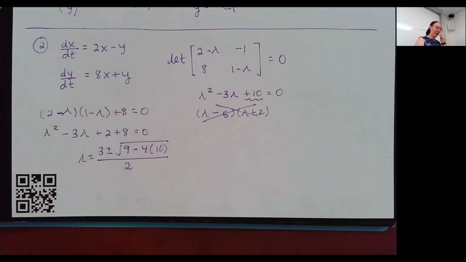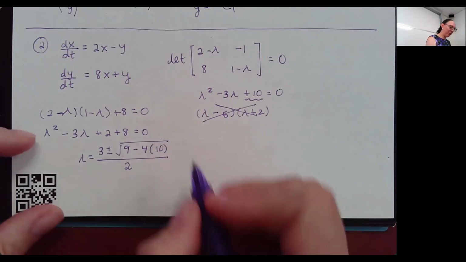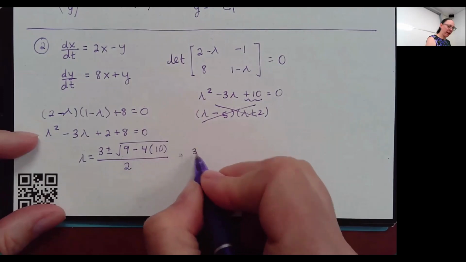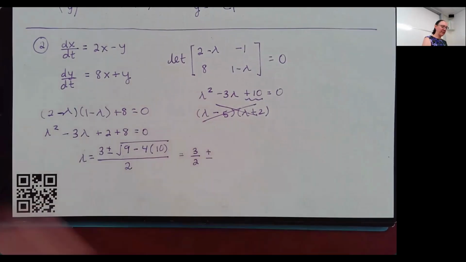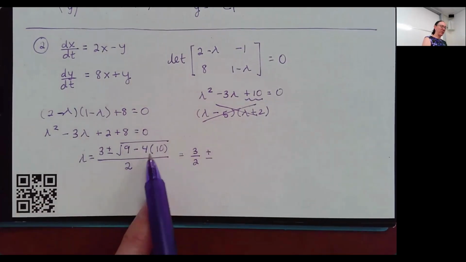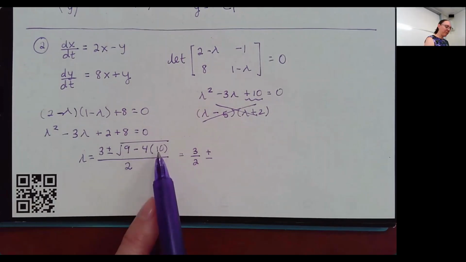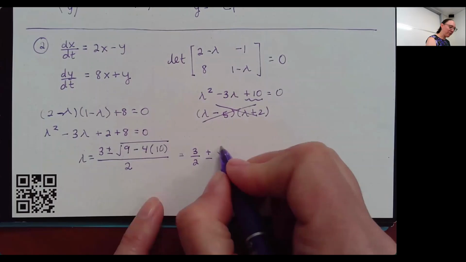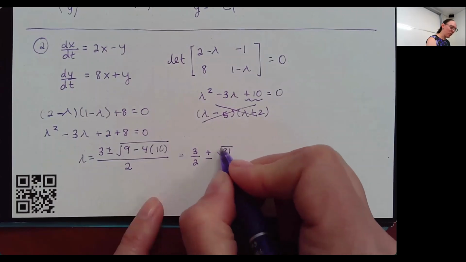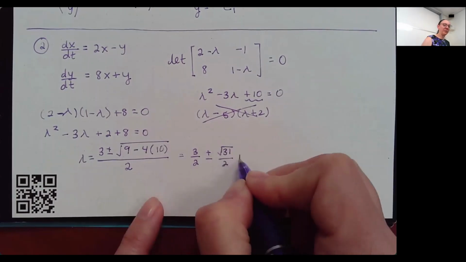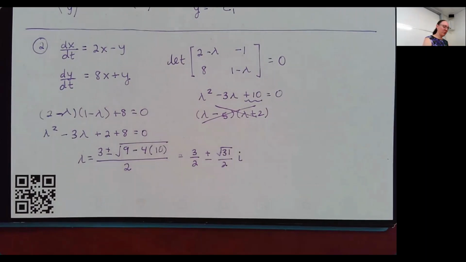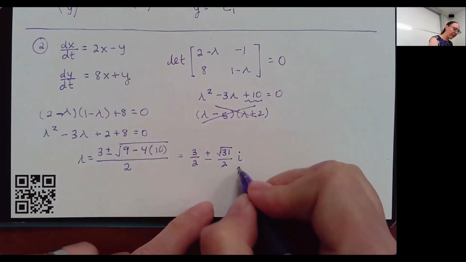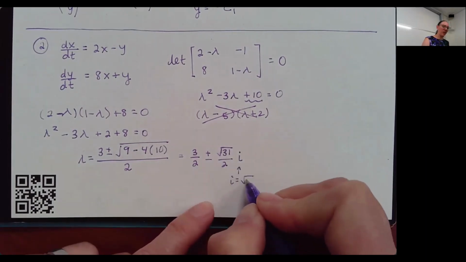Cleaning this up a little bit, I'm looking at 3/2 plus or minus, and now inside my square root I've got -31. So that's going to be the square root of 31 over 2 times i, and as a reminder, i is equal to the square root of -1.